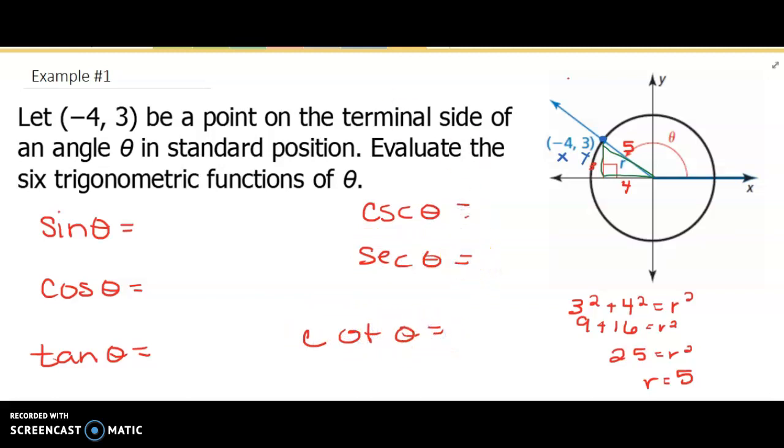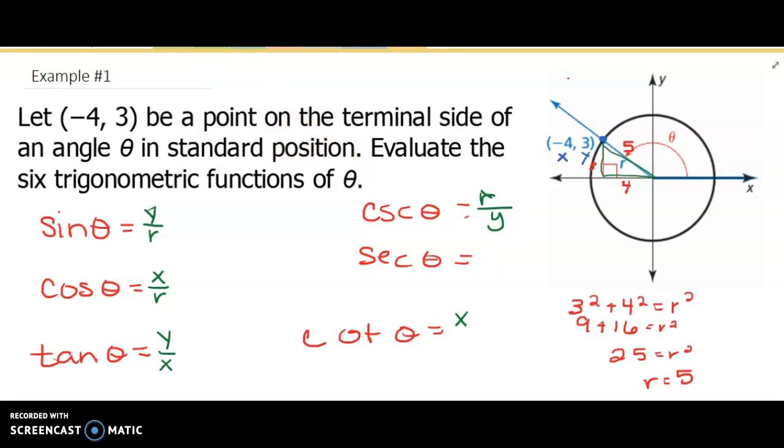Now if I go back to that sheet here, just copying straight from there, I know my sine is y over r, my cosine is x over r, my tangent is y over x, my cosecant is r over y, my secant is x over y, and my cotangent is x.